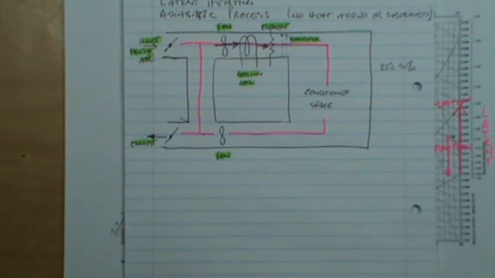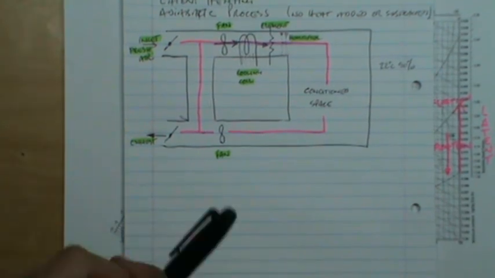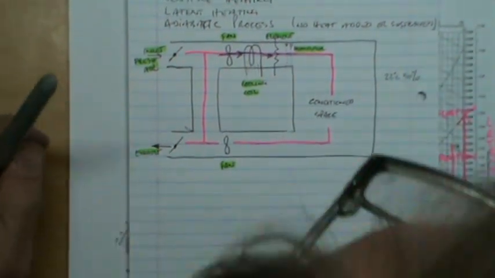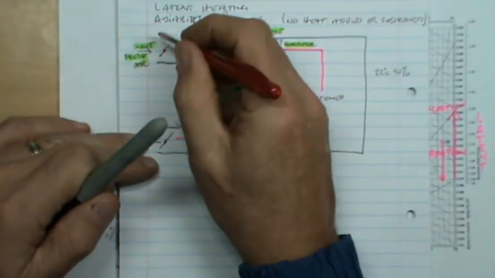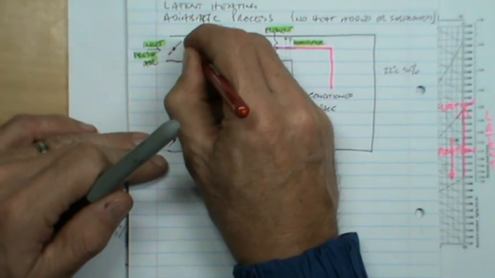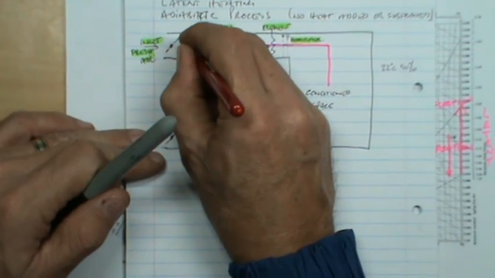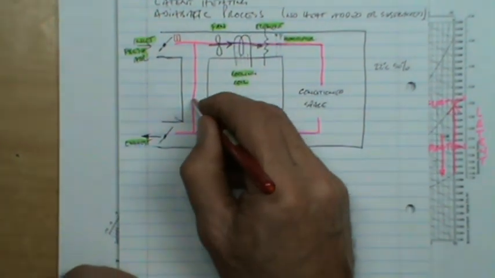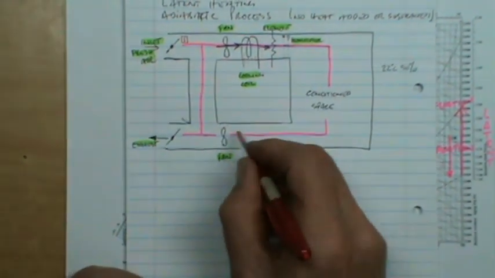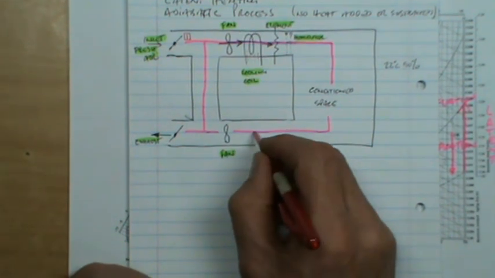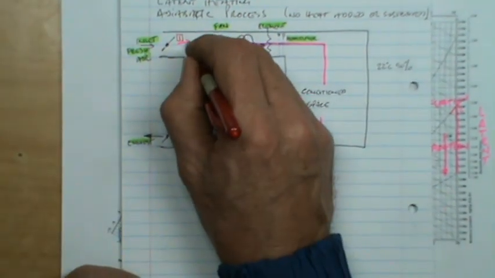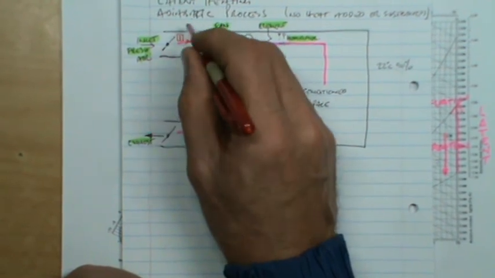This point over here is always going to be, I'm going to write it in red, that point is always going to be point number 1. This return air over here, it's return air, so that coming in is point number 1.